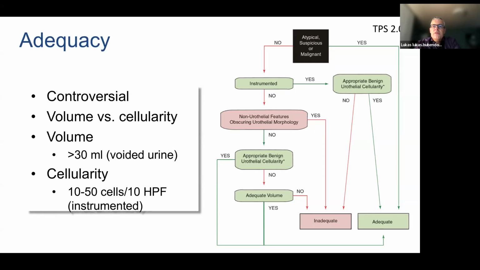It's also important to note that whenever you see an atypical finding or a positive finding, a specimen is always adequate. Only if you see benign specimens or an insufficient number of cells and the criteria of adequacy are not met does it become inadequate. So I won't go into the details here. You can read that afterwards, how to proceed.